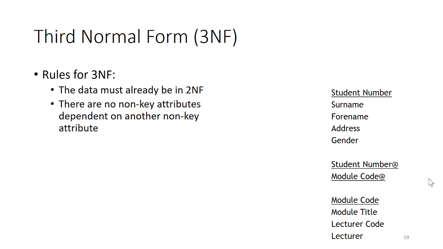Okay, so the difference between first to second and second to third is the second part of these sentences, on dependency of non-key attributes on other non-key attributes for third. Okay, and this is really important.